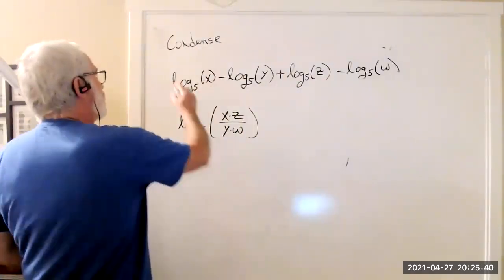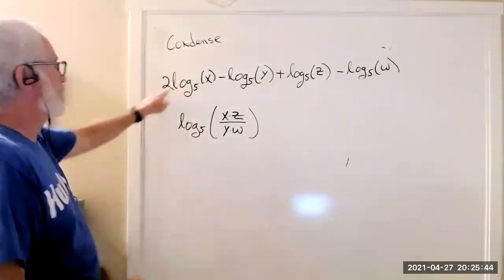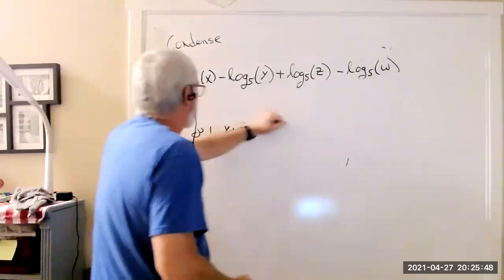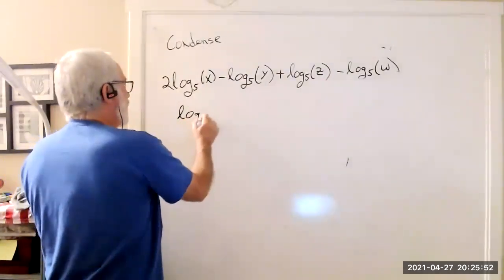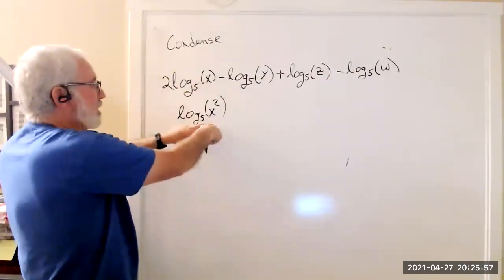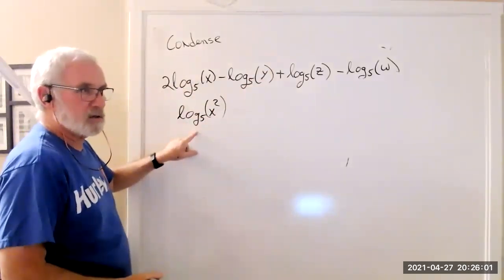If this had been a 2 log of x, then your first step, you would have to write this as log base 5 of x squared, bring the power in, and now you can do the rest of the problem according to what we just did.